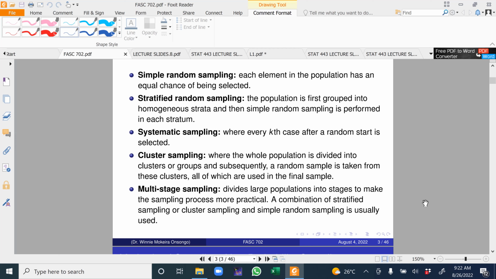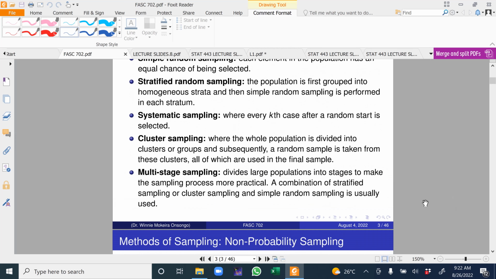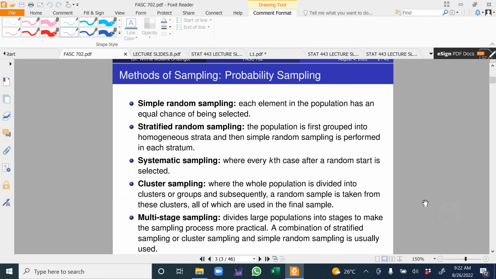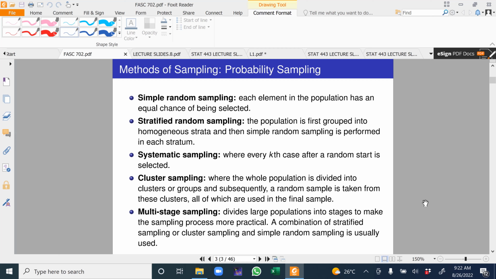So you do realize that we are moving from the national level and coming down to the hospitals. We are coming down to the smallest units in the hospitals, which could be departments dealing with what you are interested in, and that is what we call multi-stage sampling. So those are the main probability sampling techniques.